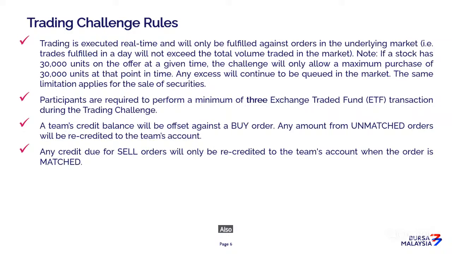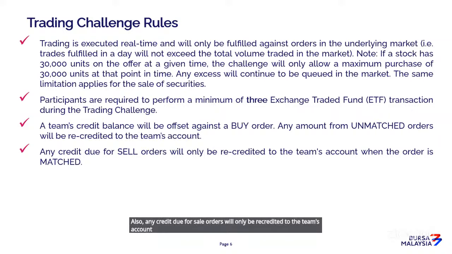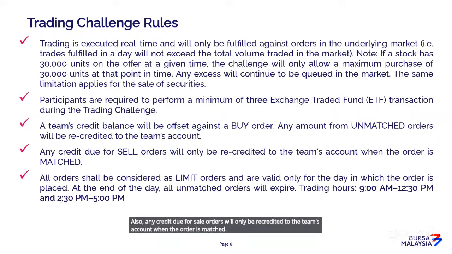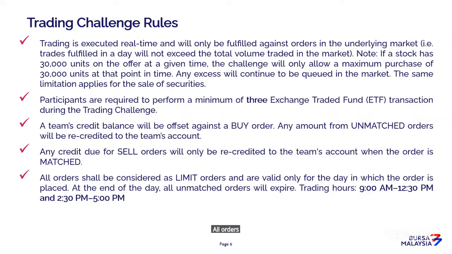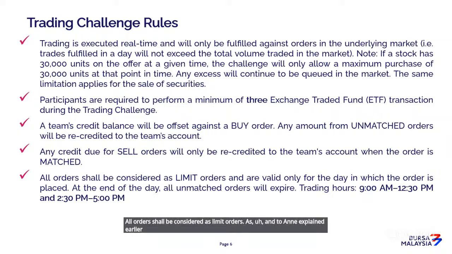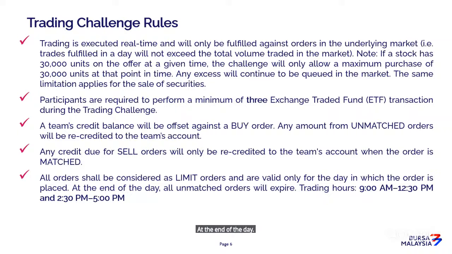Also, any credit due for sell orders will only be recredited to the team's account when the order is matched. All orders shall be considered as limit orders, as End-to-End explained earlier, and are valid only for the day on which the order is placed. At the end of the day, all unmatched orders will expire.